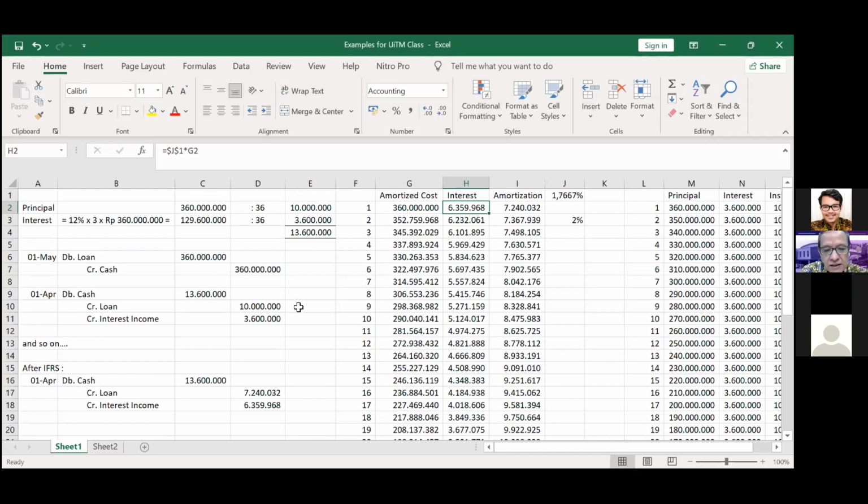With these changes in interest rate recognition, many banks in Indonesia got higher profit the first time they implemented IFRS. Why? Because the interest is bigger, 6,300,000, which is higher than 3,600,000.